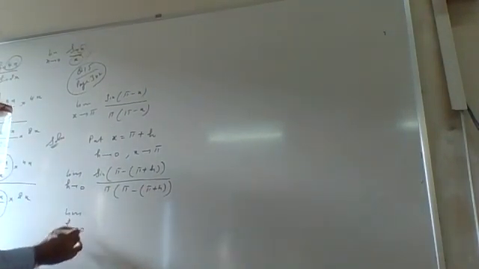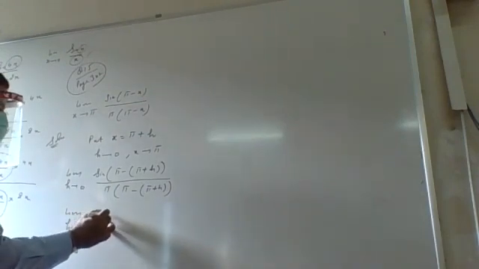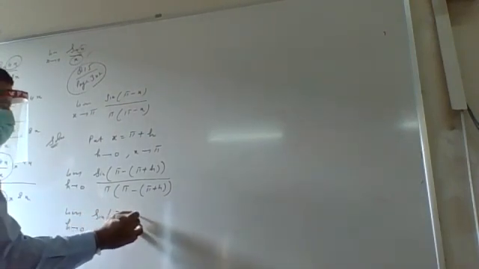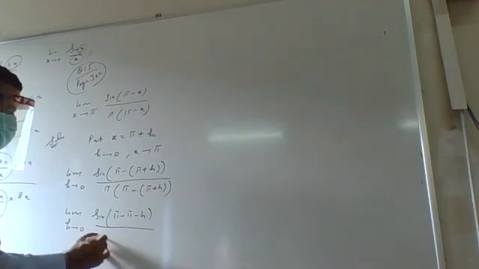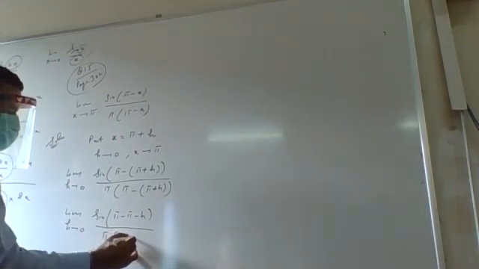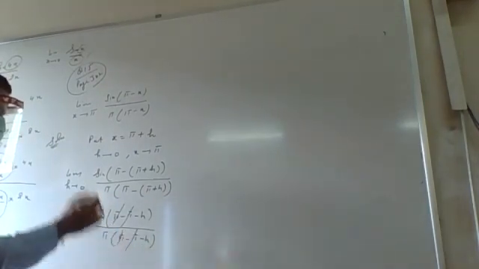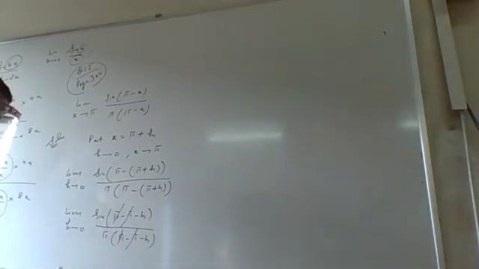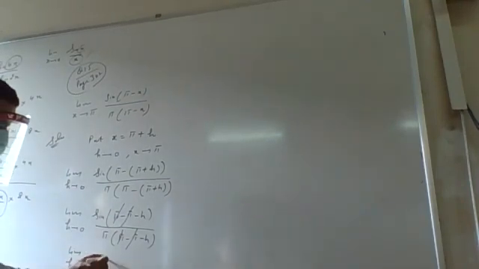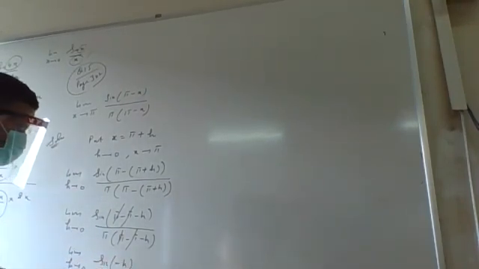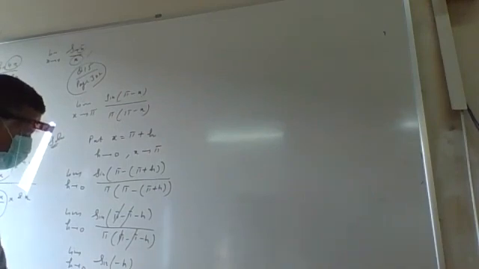Limit h tends to 0, sin(pi minus h)... Cancel, cancel. So limit h tends to 0, sin minus h upon pi is to minus h.